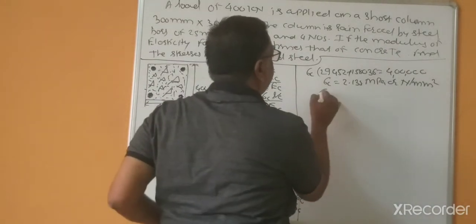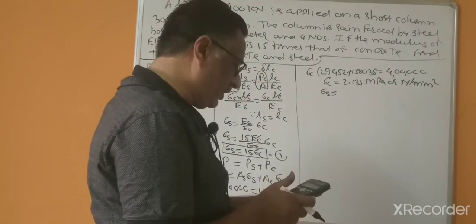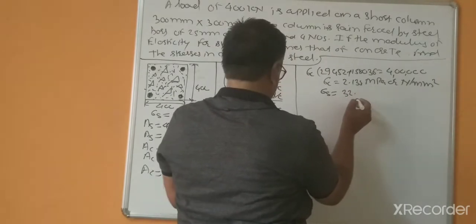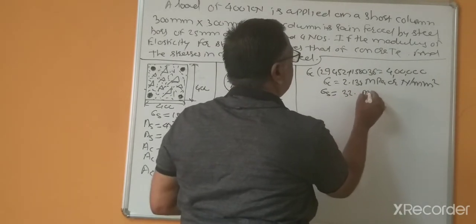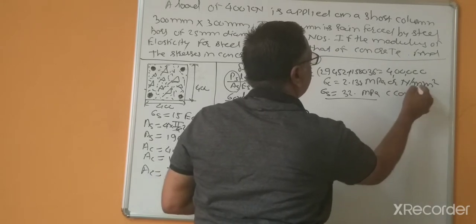So sigma S, the stress induced in the steel bars, is 15 times, so this is 32 mega pascals. Both are compressive.